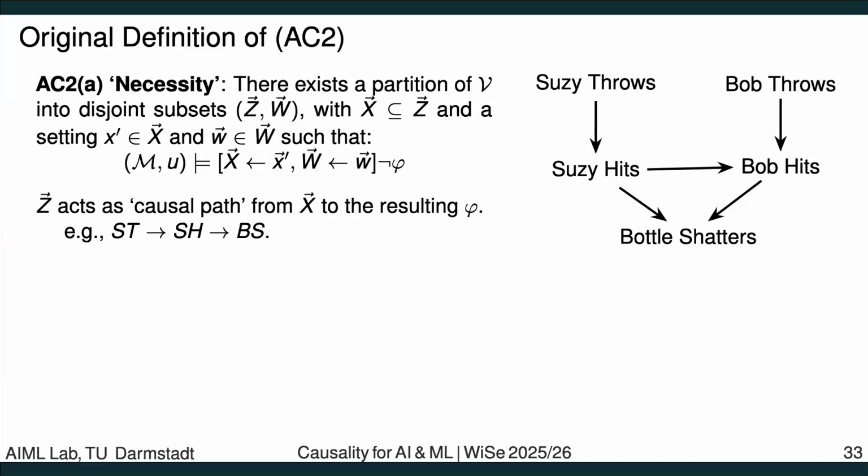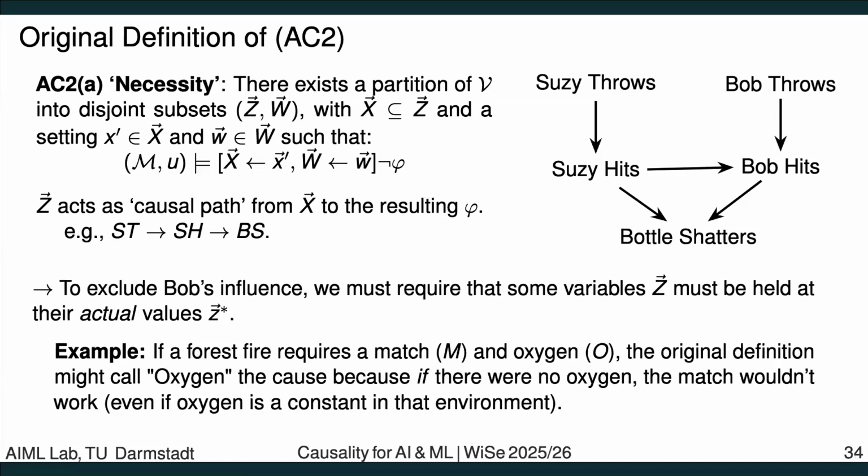It is sometimes easier to think of the set that contains X as exactly the causal paths that mediate the effect from X to our observed effect. So here it's Susie throws, Susie hits, and the bottle shattering, which is the path that transmits this effect. And then W is that we might want to intervene on Bob throwing or Bob hitting. So that is this initial part.